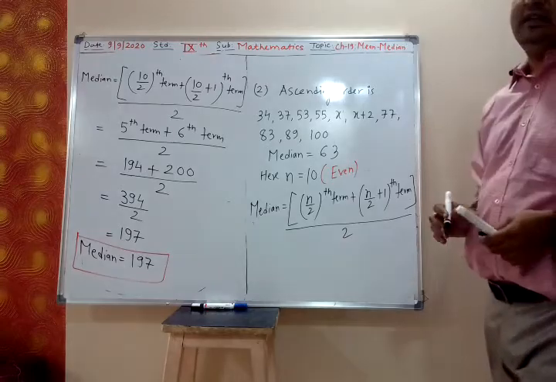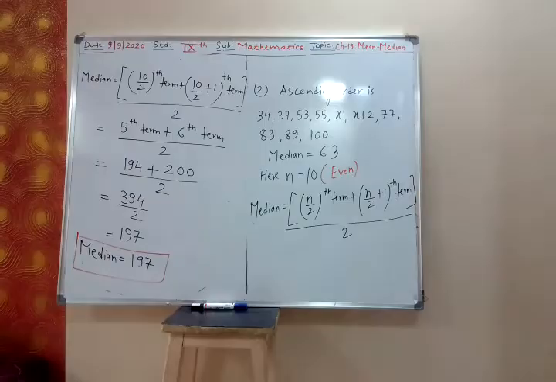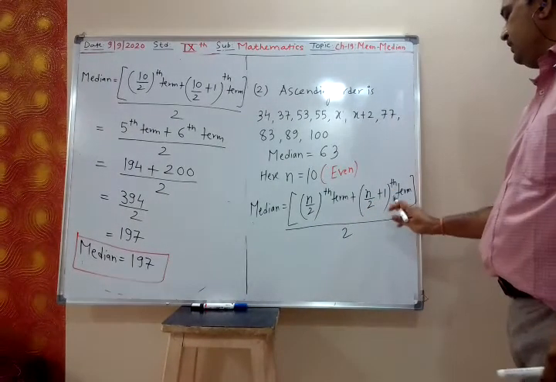So the median formula when n is even is n by 2th term plus n by 2 plus 1th term, with n by 2 plus 1 in the bracket, divided by 2.